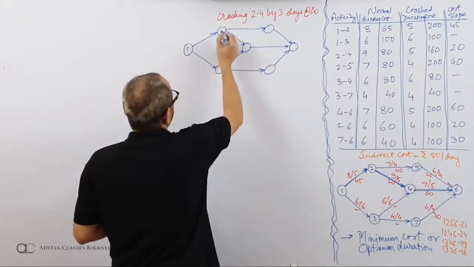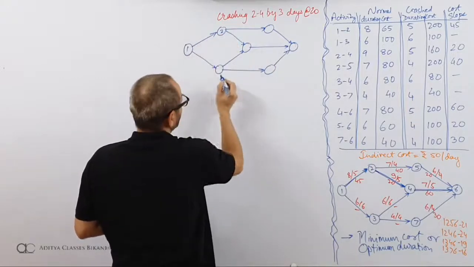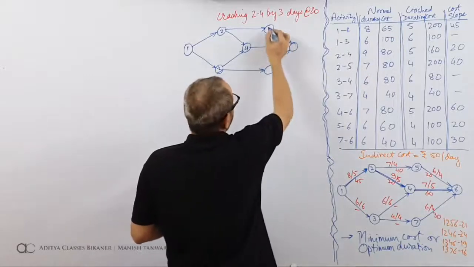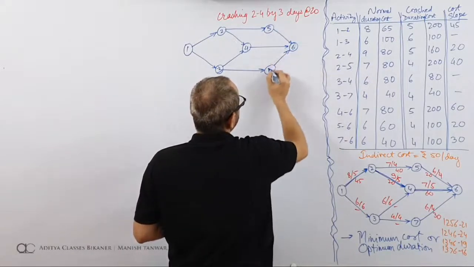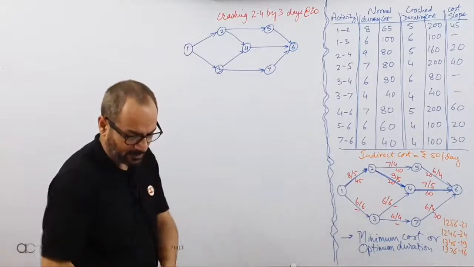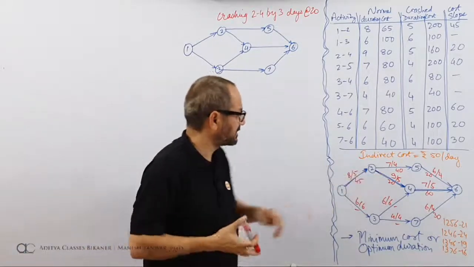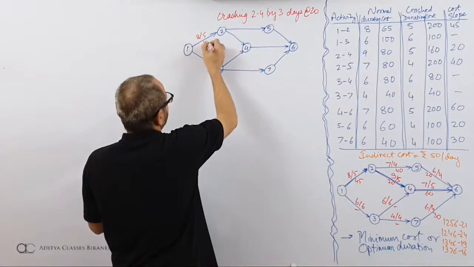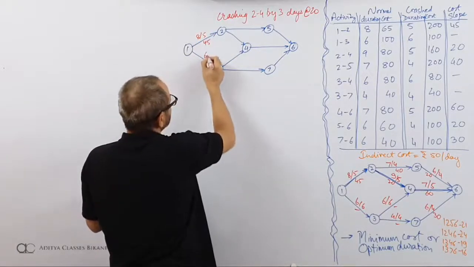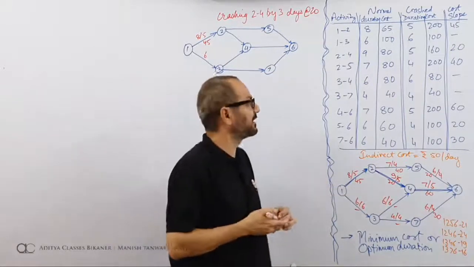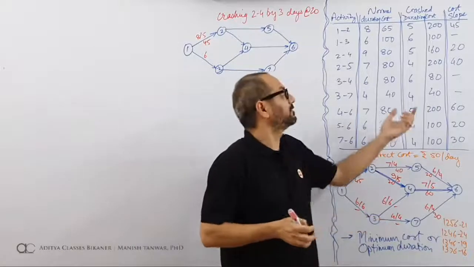So we have 1, 2, 3, 4, then there is a 5, 6 and 7. Everything else is same. All we have changed is we have crashed this. So all the information will be 8, 5, 45, 6. You can leave it 6. This was the first figure where we were bringing in all the normal and crash durations.